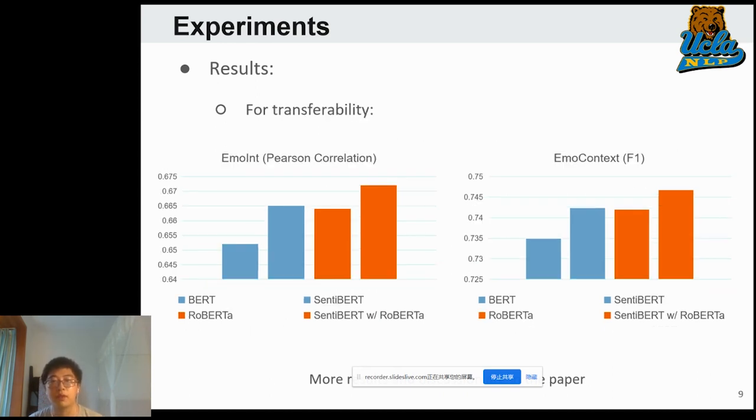We then evaluate SentiBERT for transferability. We first pre-train the models on SST and then fine-tune them on the downstream tasks, such as emotion classification datasets. We show that SentiBERT outperforms the baseline BERT and RoBERTa models. This justifies that SentiBERT leverages the compositional semantics information and improves the downstream tasks.